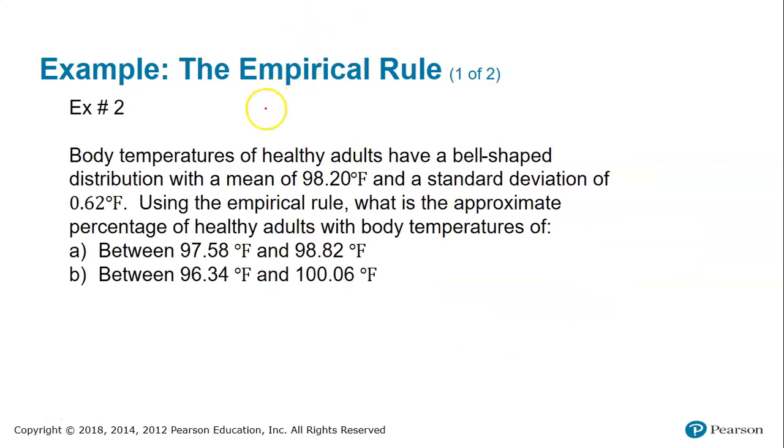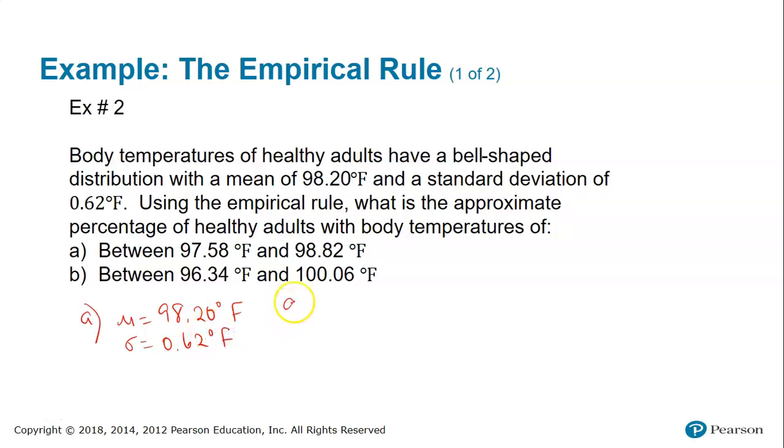Okay, here's another example, and I'm going to give you a minute to try this, and then we'll take a look at your answers. For part A, our mean is 98.20 degrees Fahrenheit, and our standard deviation is 0.62 degrees Fahrenheit.